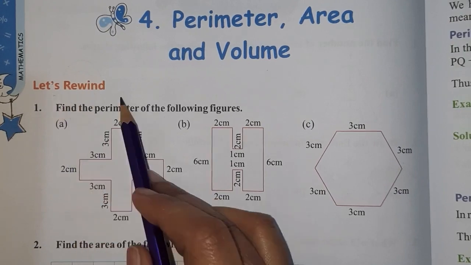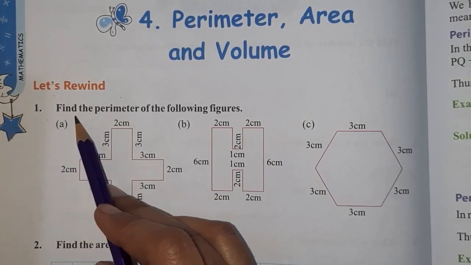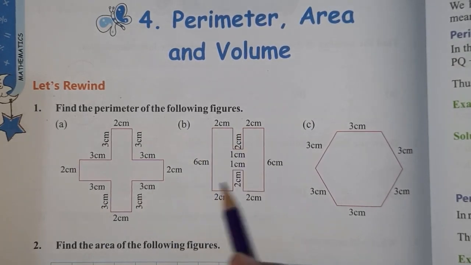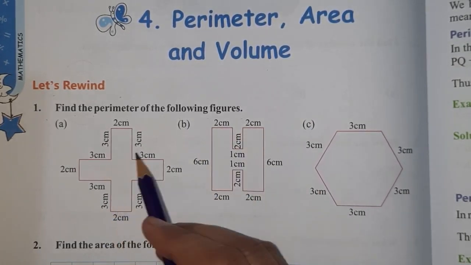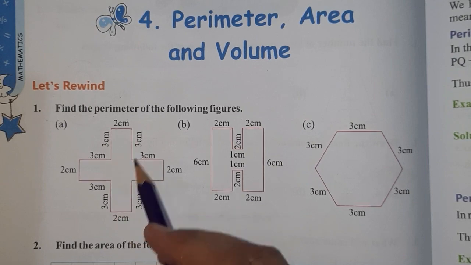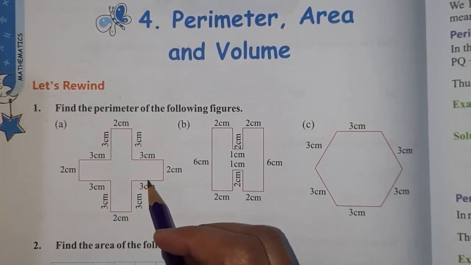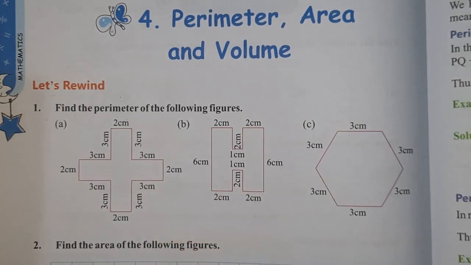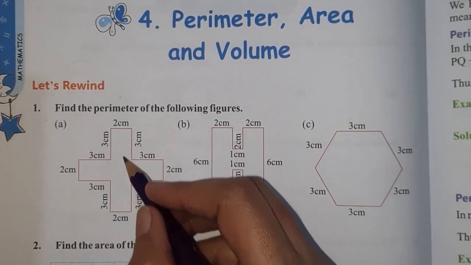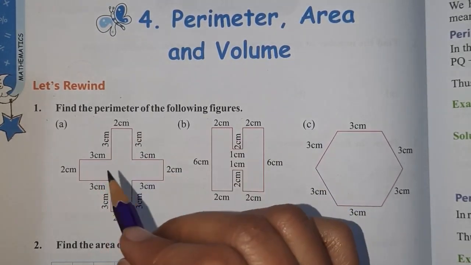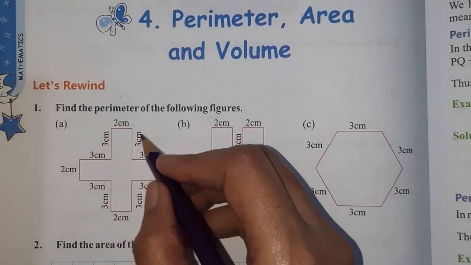Now let's rewind exercise. We have the first question. Find the perimeter of the following figures. These are irregular figures in which measurement of the length is given to us. We have to do simple addition because the formulas are not for these irregular figures. Okay, so we can start from any side, but don't take it 2 times. Be careful.